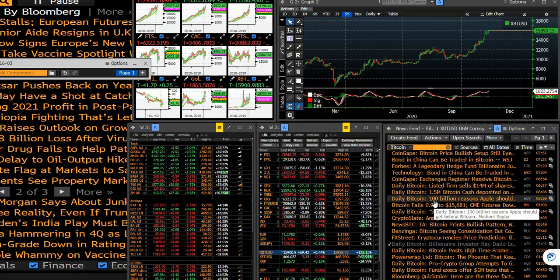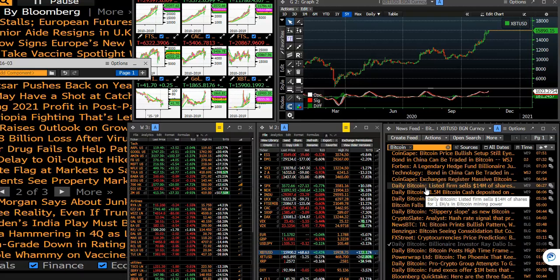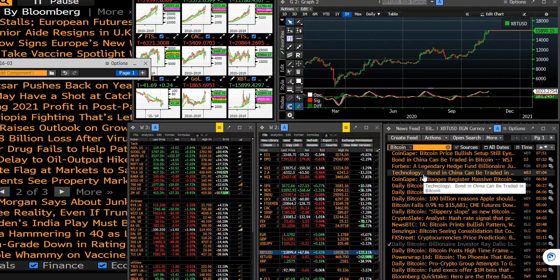Okay, that is just an opinion by someone, doesn't really matter. 1.5 million Bitcoin Cash deposited on exchange on a fork launch. That is something to do with the technicals of a fork. Exchange registers massive Bitcoin Cash inflow. That again has to do with Bitcoin Cash. Bond in China can be traded in Bitcoins. That is certainly very positive news.